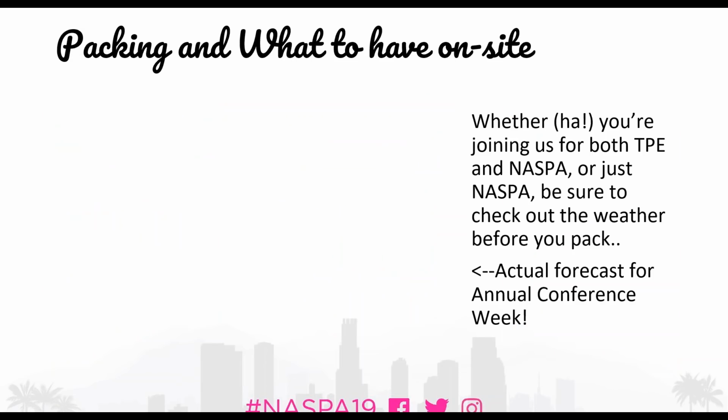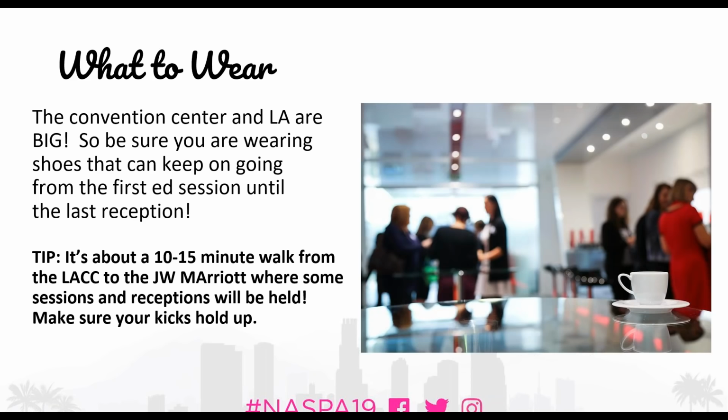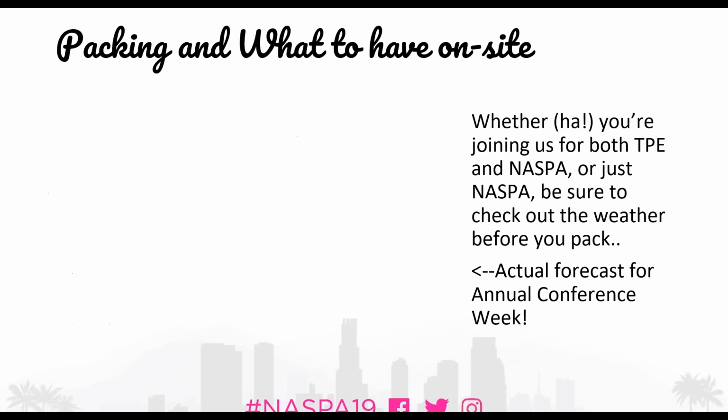So I know there are a couple questions around packing and what to wear, and that's what these next couple slides are for. We are really excited to have you all join us in Los Angeles. However, the weather is going to obviously vary. And hopefully in a moment we will have an image here for you. If you go online right now on weather.com, you can actually see a 10-day forecast for Los Angeles.